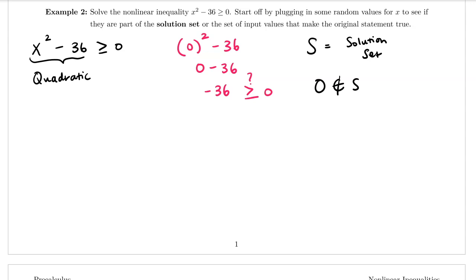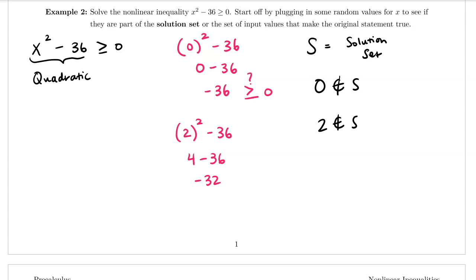Let's try a different value. Maybe 2 will work. So I'm going to square 2, and I'm going to subtract 36. 2 squared is 4, minus 36. That would give me negative 32. That's also not positive or 0, so that would lead us to the conclusion that 2 is not in our solution set. Why don't we try 6?